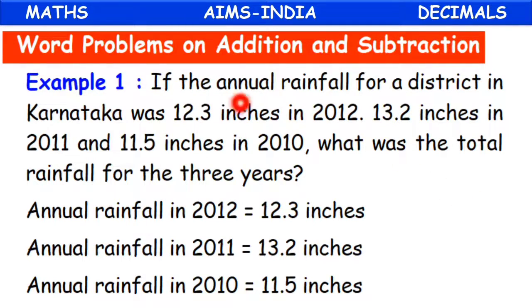Now coming to word problems on addition and subtraction. We have learned how to add and subtract decimal numbers. So on the same lines, let us see how to do word problems based on addition and subtraction.